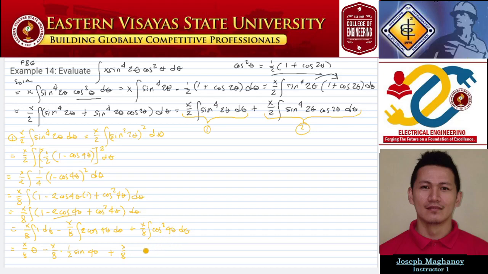Cosine squared 4 theta is equal to 1/2 quantity 1 plus cosine 4 times 2, that is 8 theta d theta.